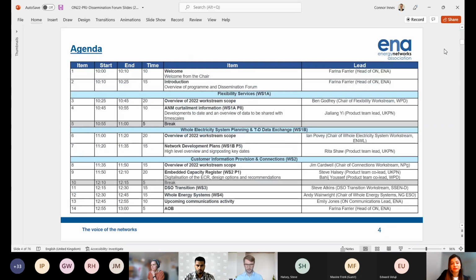So in terms of our agenda for today, I'll kick off with an overview of the program and the role of the Dissemination Forum. Then we'll talk about the different areas of work, delivered by our work stream chairs who have also joined us today.